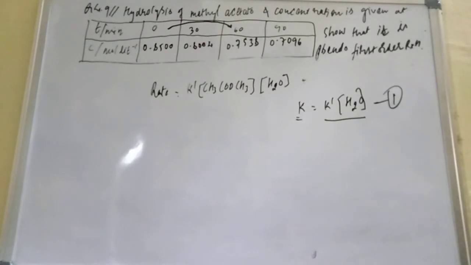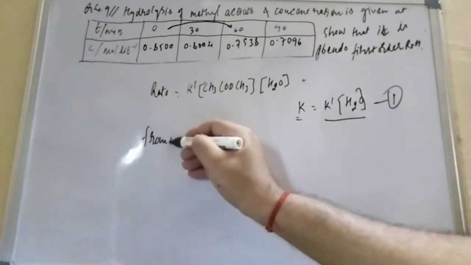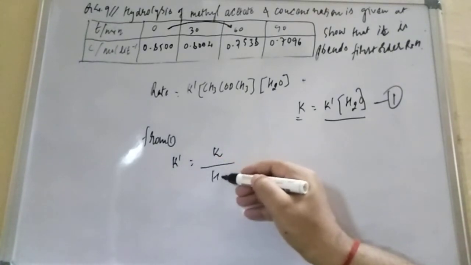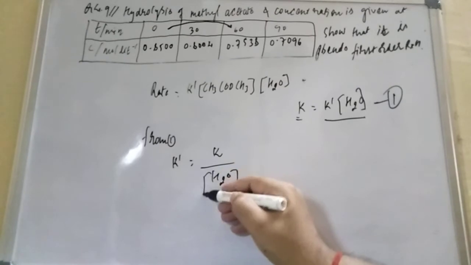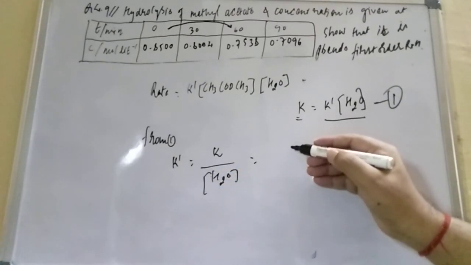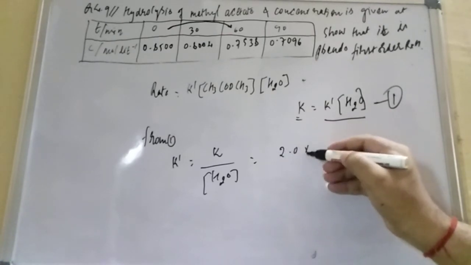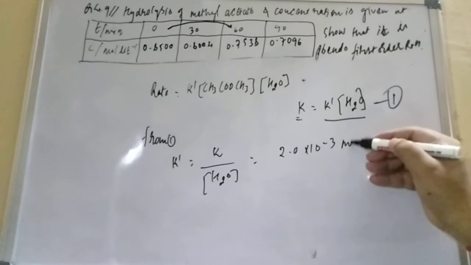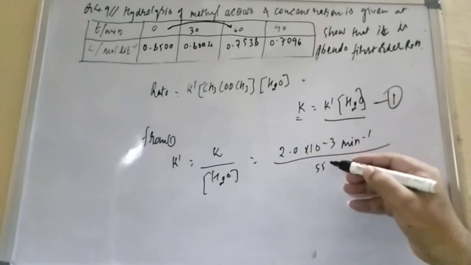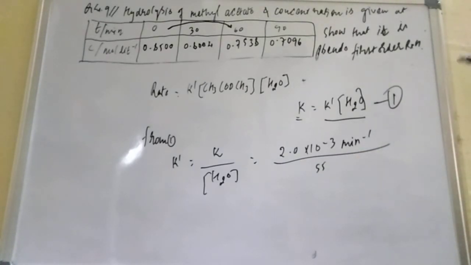What is the K dash? So K dash from the first part is equal to K upon the concentration of H2O. K you got, student, at every time interval, 2.0 into 10 power minus 3 minute inverse. The concentration of H2O is given in the question as 55 mole per liter.